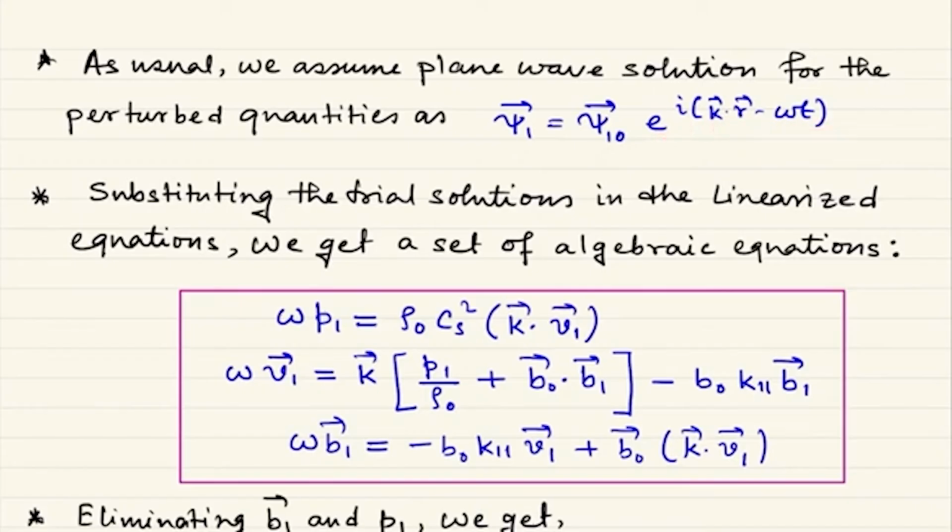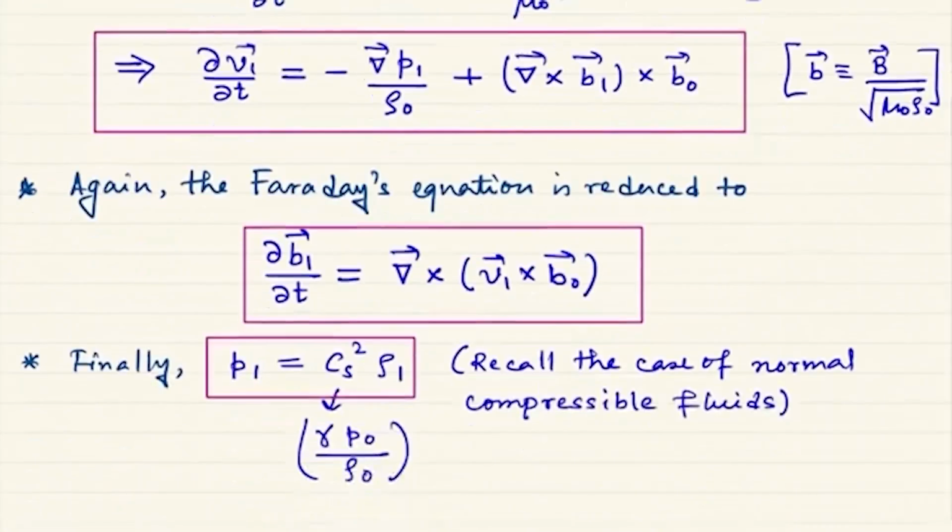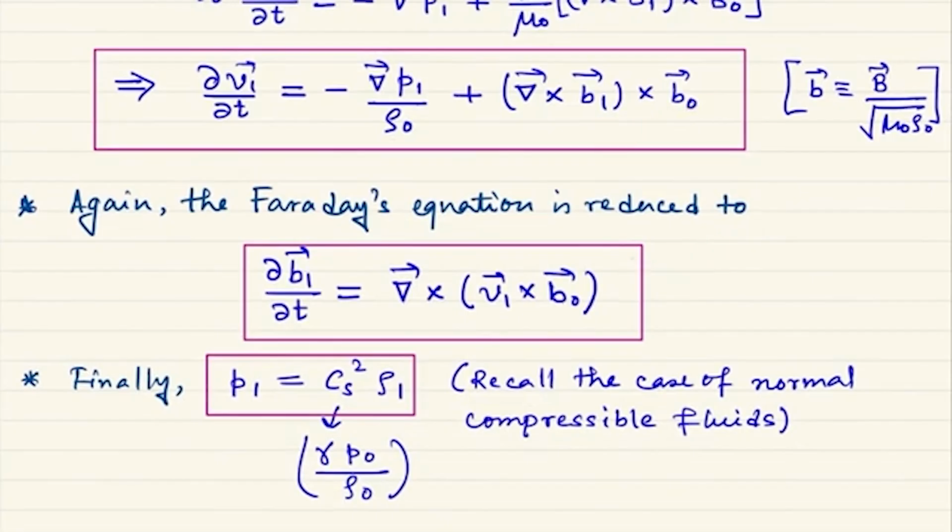You can also reason this way: as these equations are linear in nature for all of b1, v1, p1, rho 1, for all these quantities we can assume the solution for every perturbed quantity as a sum of Fourier components, and then we choose one single Fourier component and study the relation between the frequency and the wave vector for that particular Fourier component. That is the philosophy of this treatment.